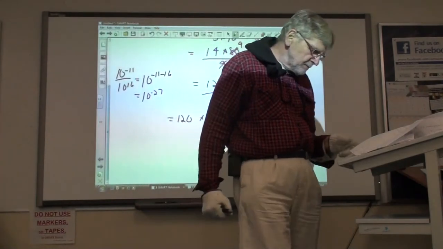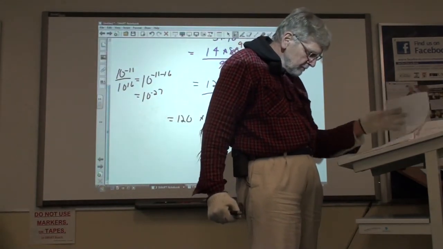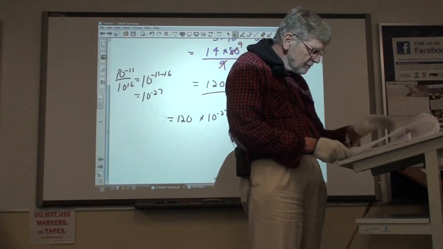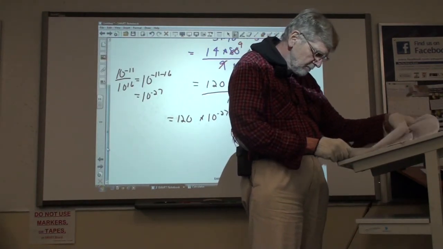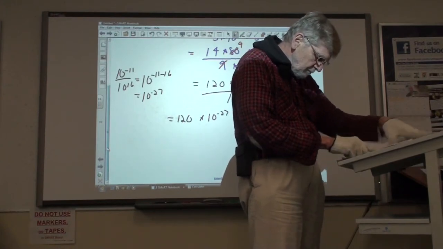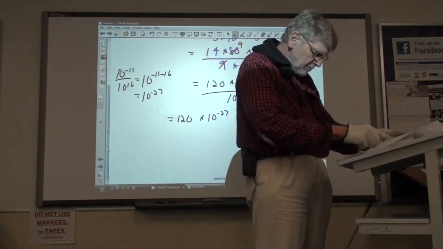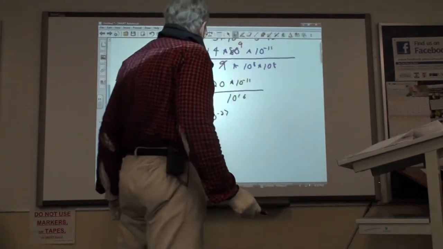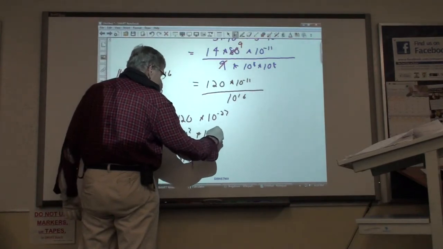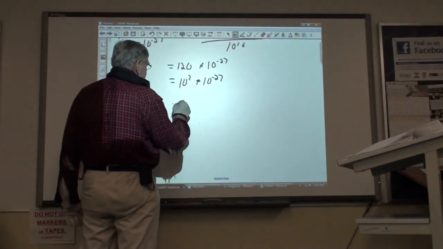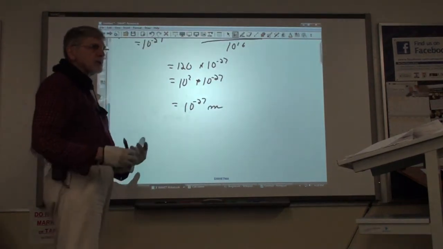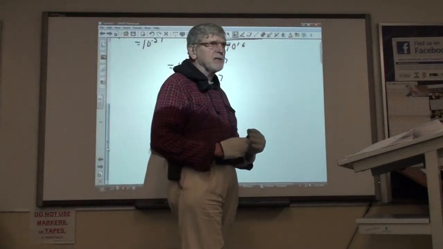Now, this is approximately equal to 10 squared times 10 to the minus 27, which means that it is about equal to 10 to the minus 27 meters. So your Schwarzschild radius is 10 to the minus 27 meters.